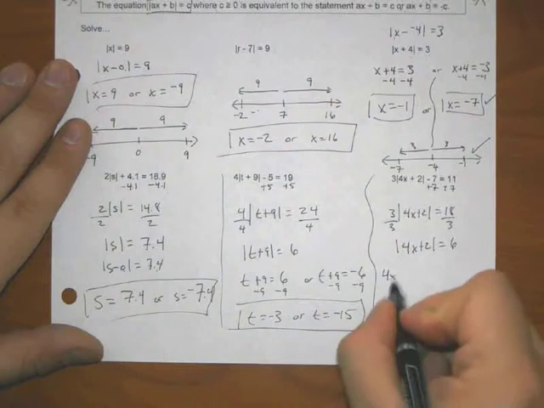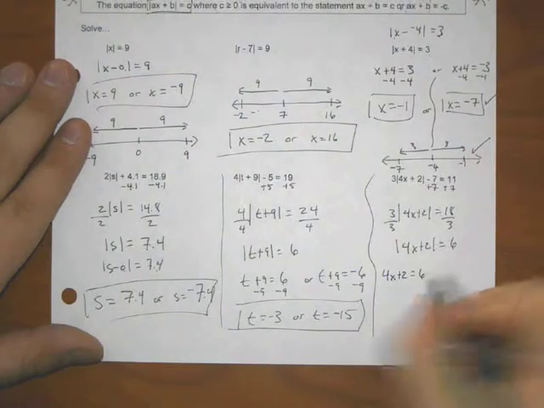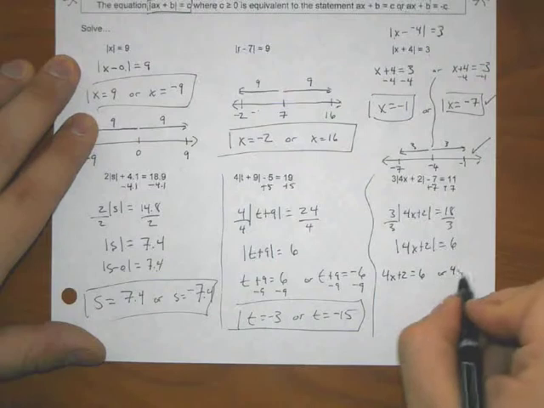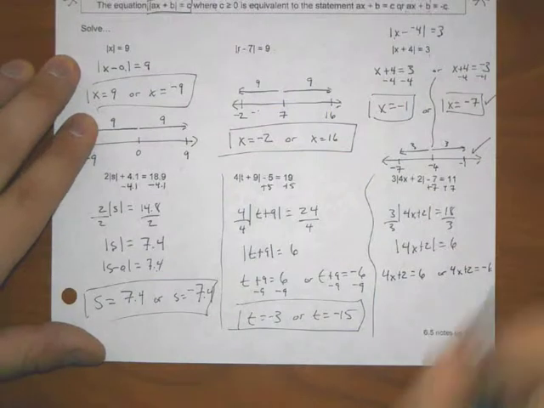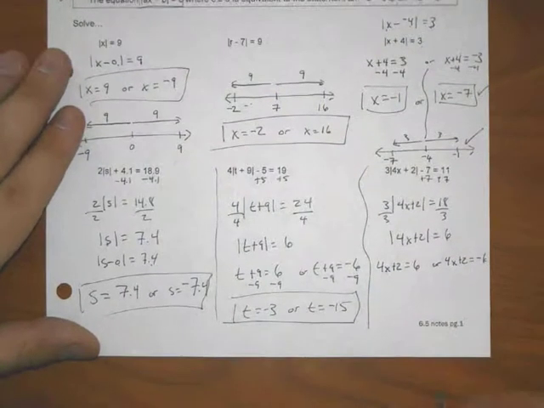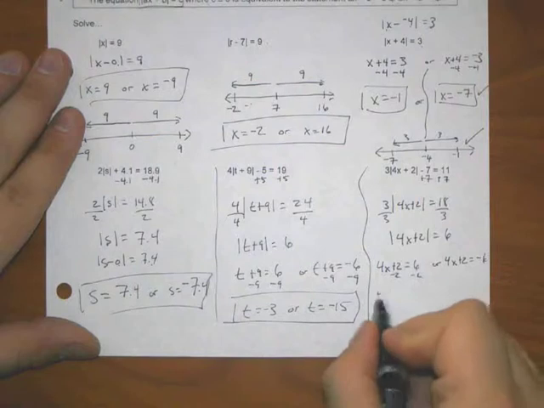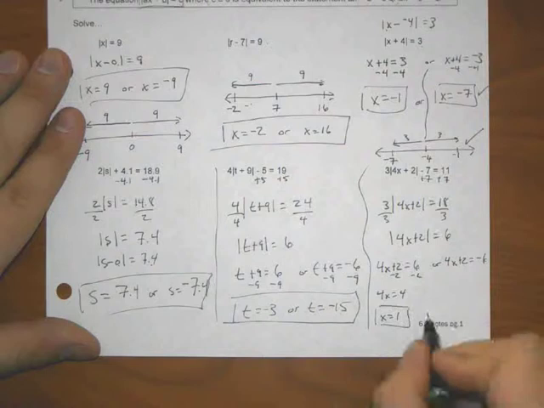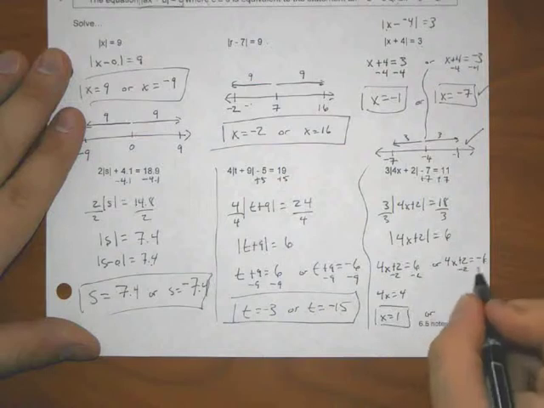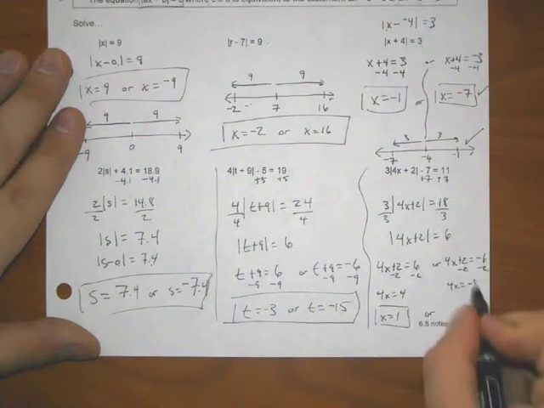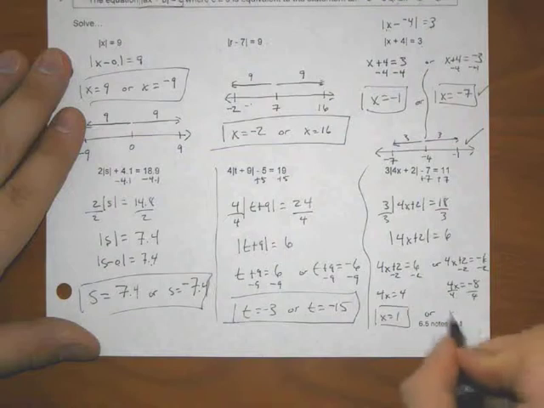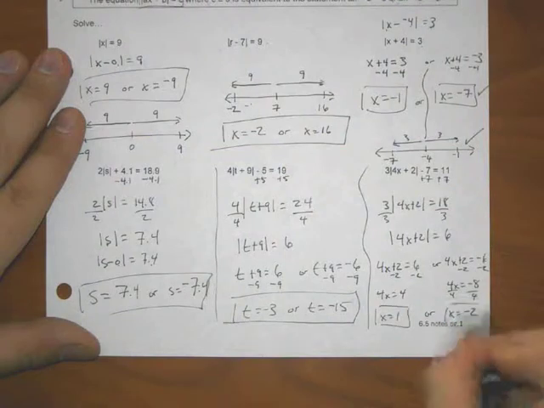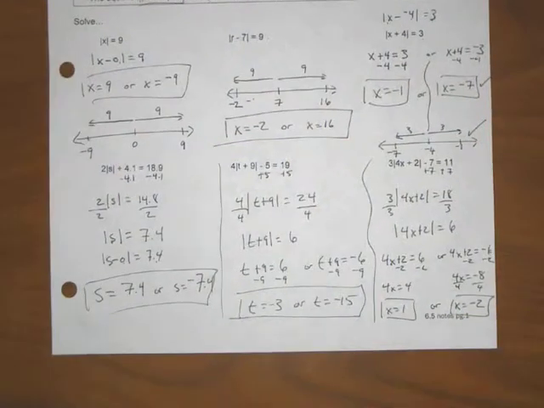I take what's inside and walk to the right, or take what's inside and walk to the left, and solve each. Minus 2, minus 2. And voila, my two answers.